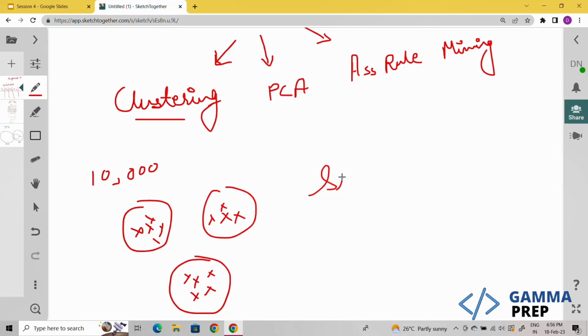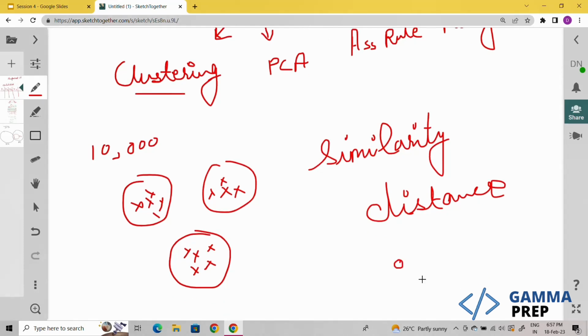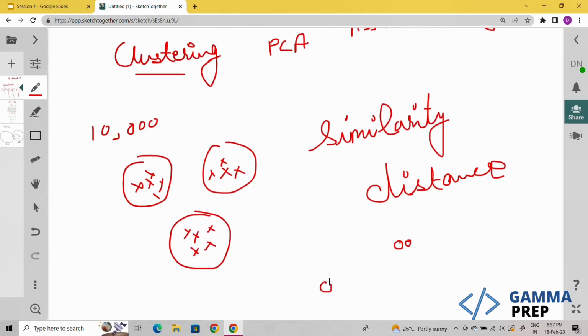Now can I say similarity is kind of the reverse of distance? It's kind of the reverse of distance. So if 2 points are very similar to each other, then the distance between them is less. And if 2 points are very dissimilar from each other, then the distance between them will be more.